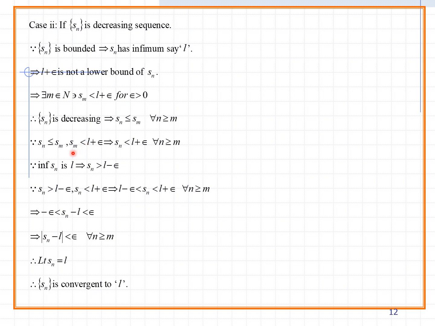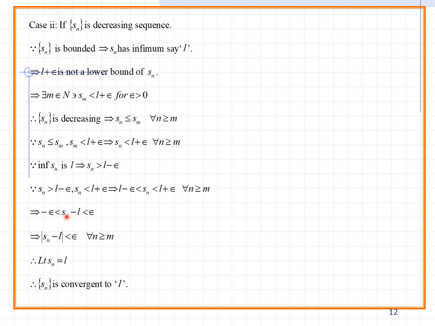So Sm less than L plus epsilon can be treated as Sn less than L plus epsilon. Since L is the infimum, Sn is greater than L minus epsilon. This implies L minus epsilon is less than Sn, which is less than L plus epsilon, for all n greater than or equal to m.